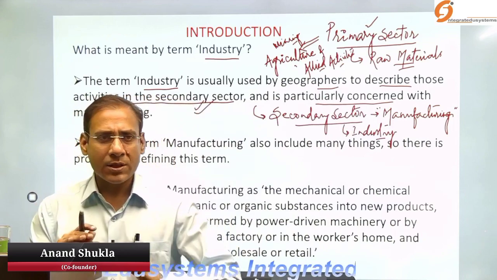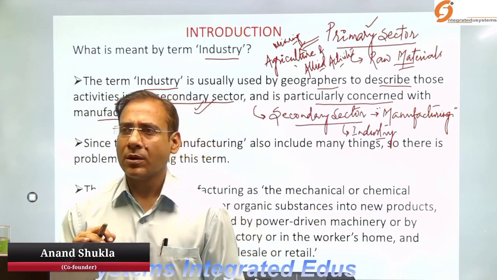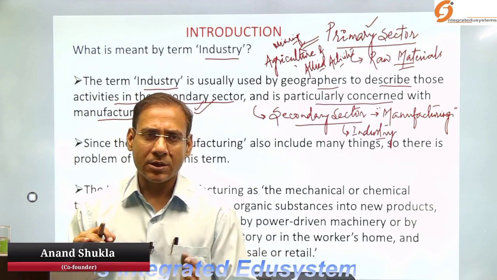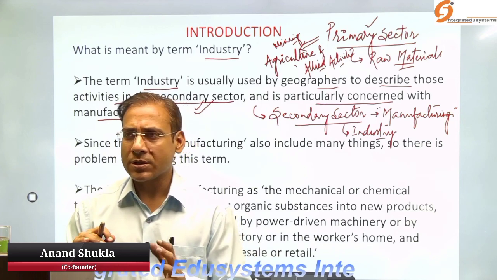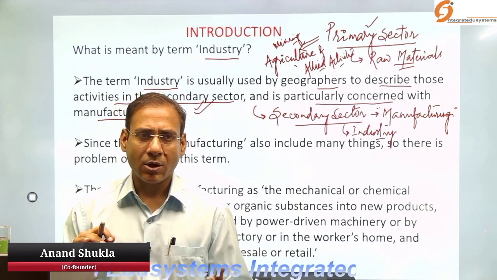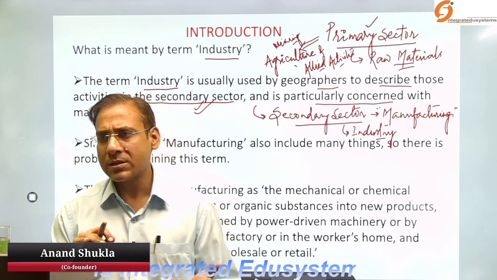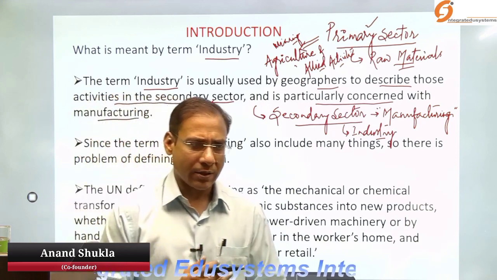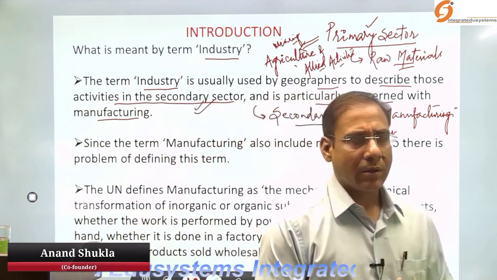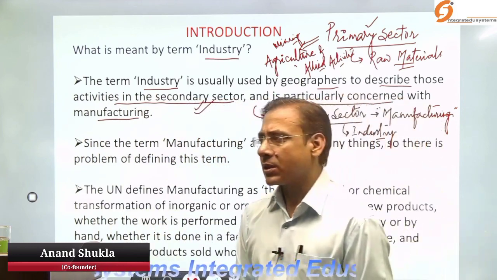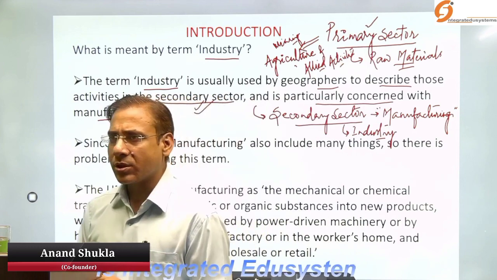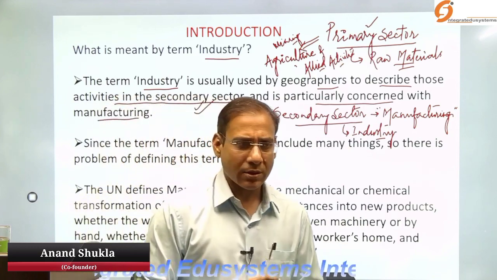Already I had finished the primary one. Already I had discussed agriculture, the agricultural scenario in India. Already I had discussed all the important minerals, the mining activities and important mines of India. And now I am entering into the secondary sector, because industry comes under the secondary sector.